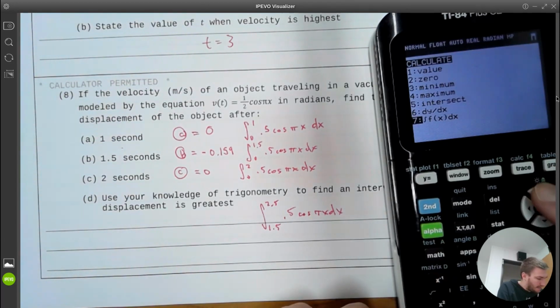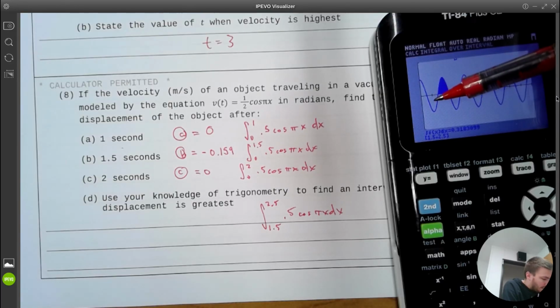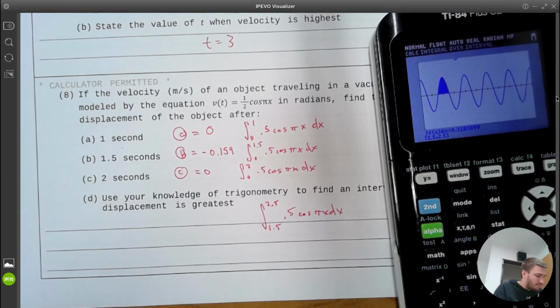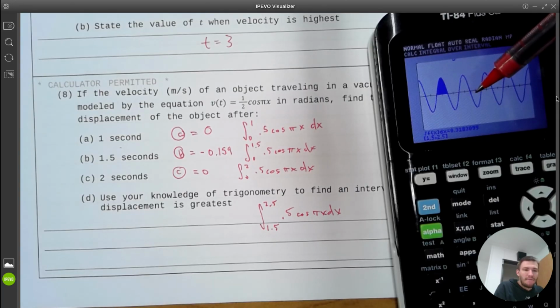Second, calculate the integral from 1.5 to 2.5. You see, it'll color it in like that, and it gives me the same number. If I go any before, it's going to be negative, and if I go any after, it's going to be negative. I think there's many answers for this. 1.5 to 2.5, 3.5 to 4.5. Those would all be valid answers.